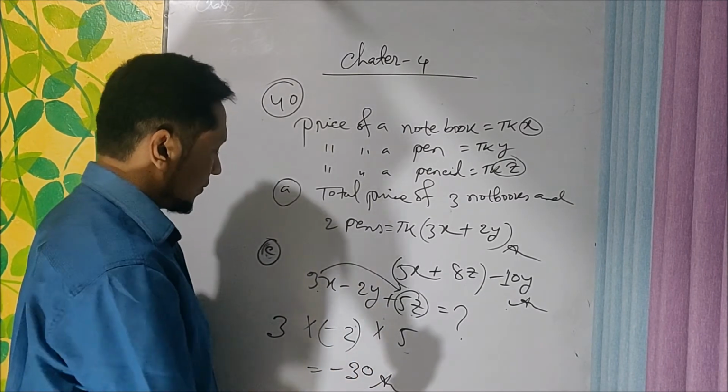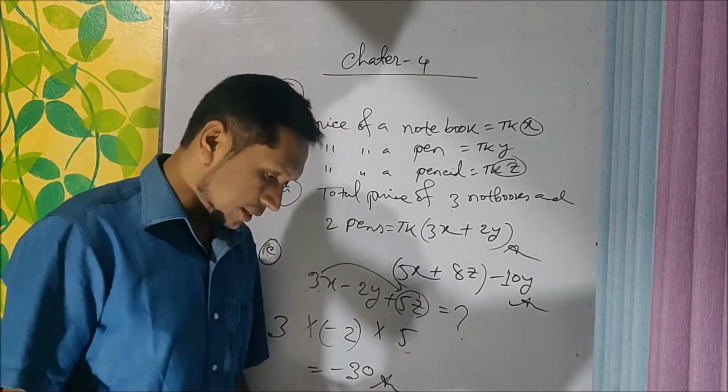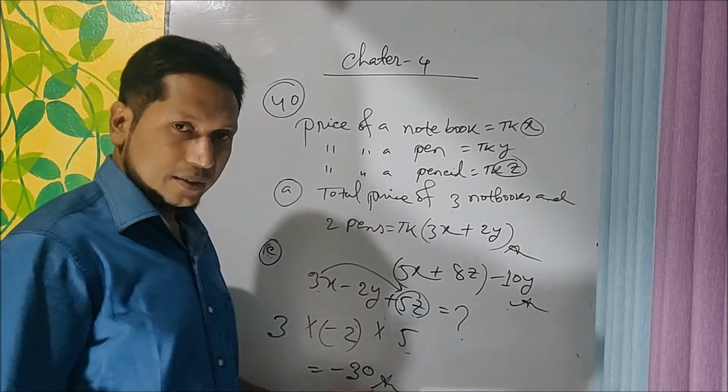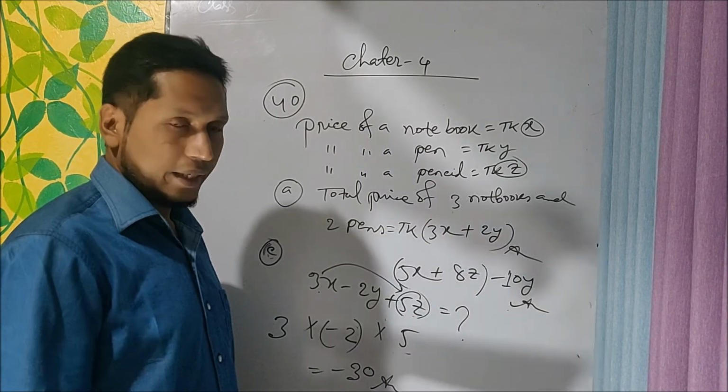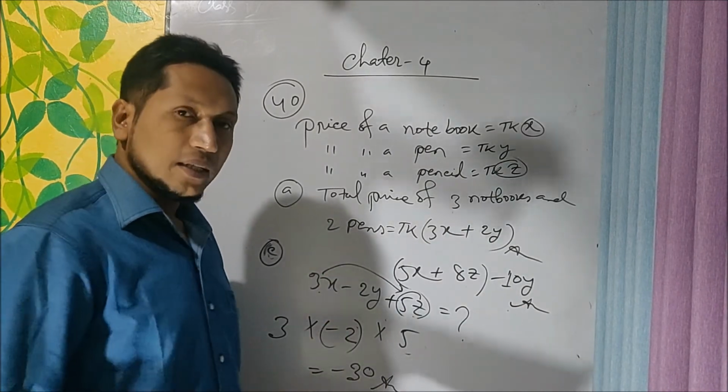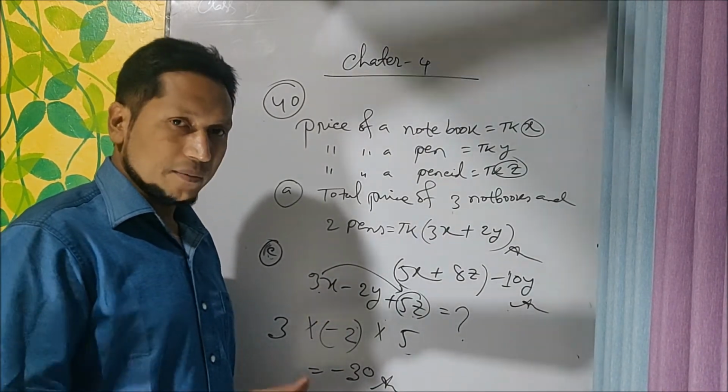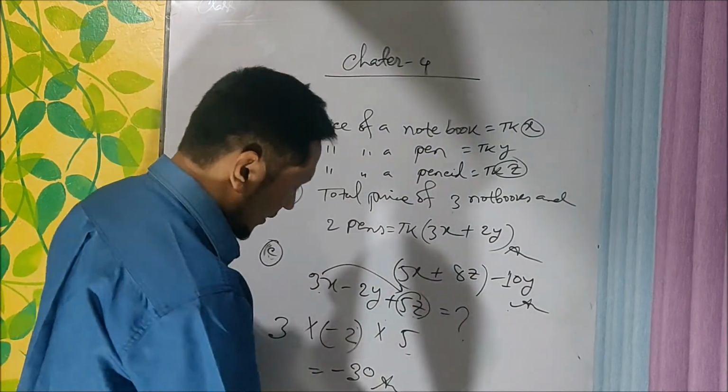So this will be the complete answer of part C. I think all of you have understood this. This is not so difficult, and there is an example like this in your textbook. If you follow the example, you can also understand such kinds of maths.